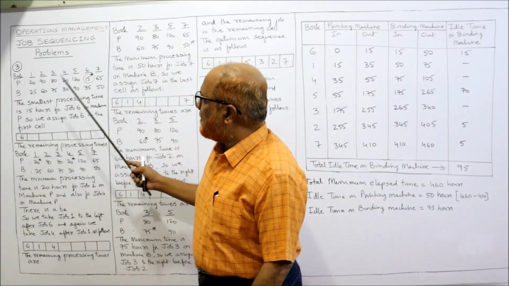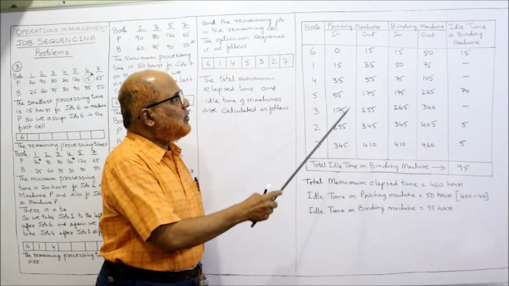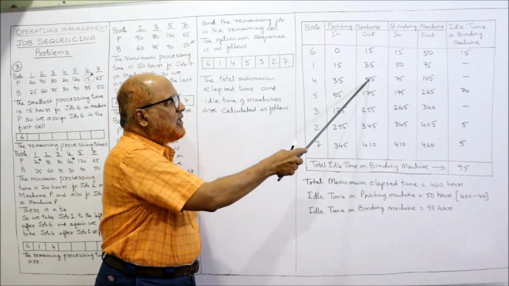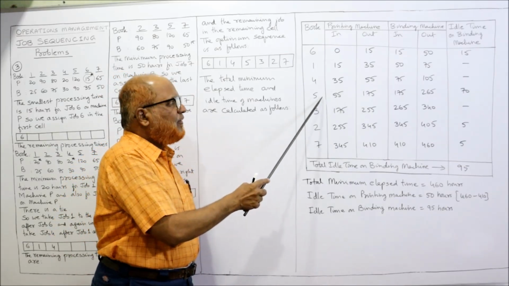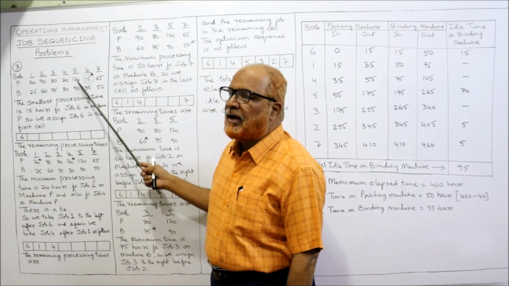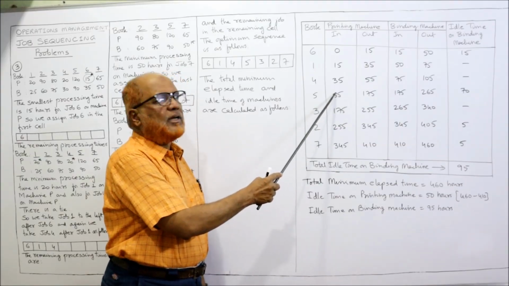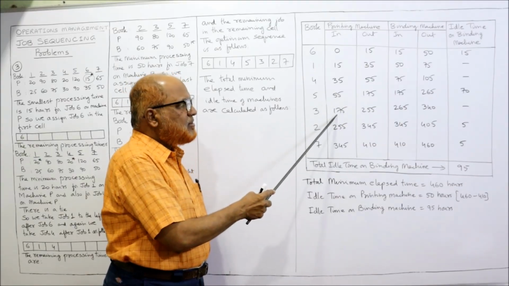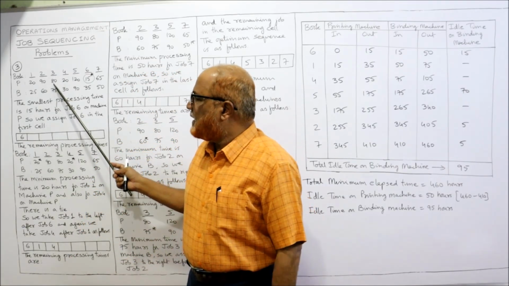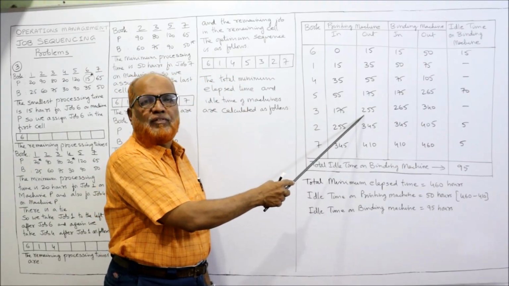4th book printing is 20. So 35 plus 20, you will get 55. Again, it will start from 55. 5th book printing is 120. So 55 plus 120, it is 175. From 175 it will start. 3rd book printing, 80. So 175 plus 80, 255.